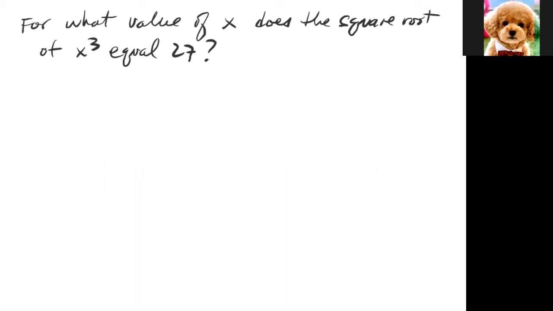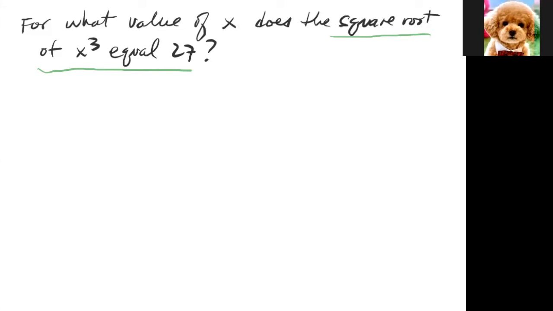So they're saying, for what value of x does, and here's where it starts, the square root of x cubed equal 27. So what does that look like as a mathematical expression? If I were to turn that part of the sentence into an equation, what would I write?